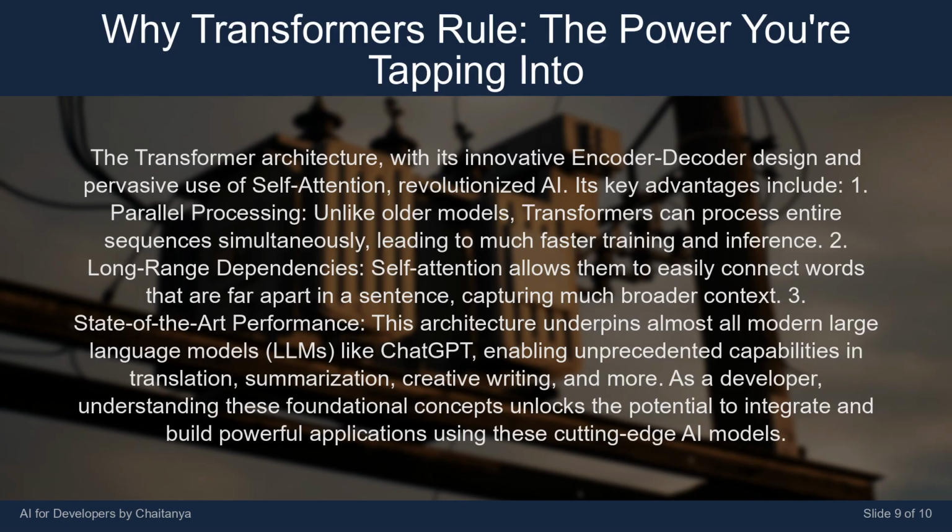Long-range dependencies. Self-attention allows them to easily connect words that are far apart in a sentence, capturing much broader context. 3. State-of-the-art performance. This architecture underpins almost all modern large language models, LLMs, like ChatGPT, enabling unprecedented capabilities in translation, summarization, creative writing, and more.